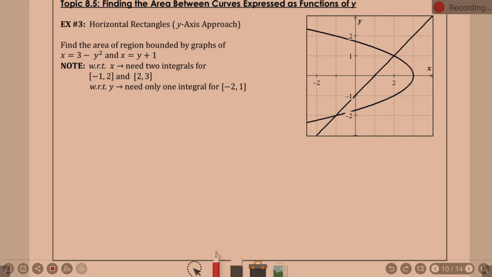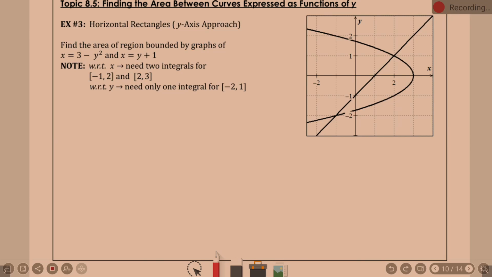We definitely have a right minus left. In some spots, from -1 to 2, the line is above the parabola, but from 2 to 3, it's just a parabola. That complicates the issue of doing upper minus lower, so we're going to instead do right minus left.